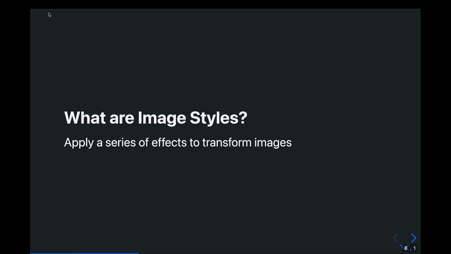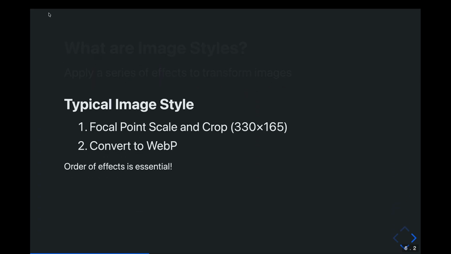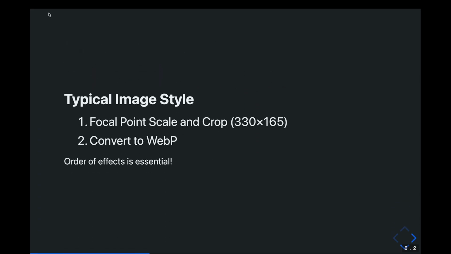Okay, so image toolkits allow us to create image styles, and image styles have been around in Drupal for quite a while now. They were a contributed module in Drupal 7. They're part of Drupal core. They allow us to apply effects and transform images. So in practice, a typical image style might be something like this.